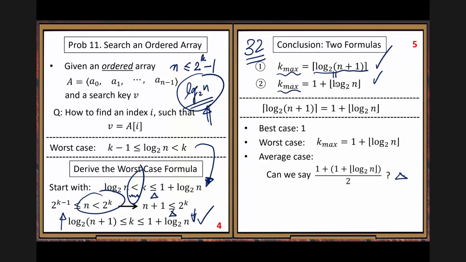This kind of average, usually you can do it when your data distribution is in a linear way, like insertion sort. The number of comparisons distribute in a linear fashion. Then this way is correct. But for binary search, the data distribution is not in a linear way.